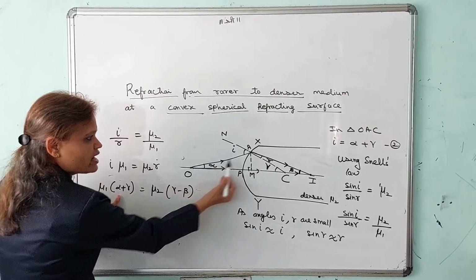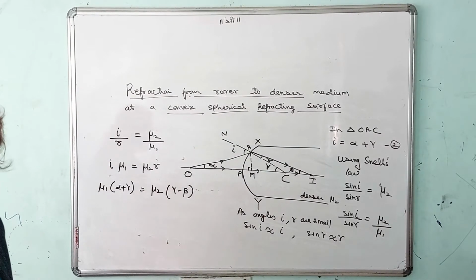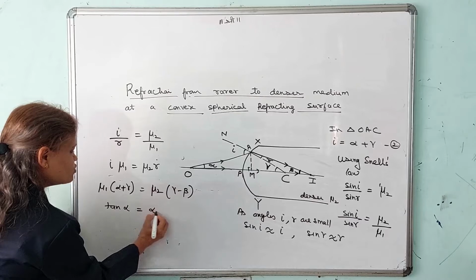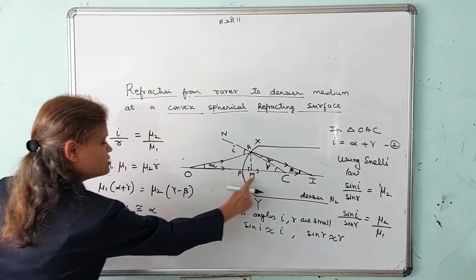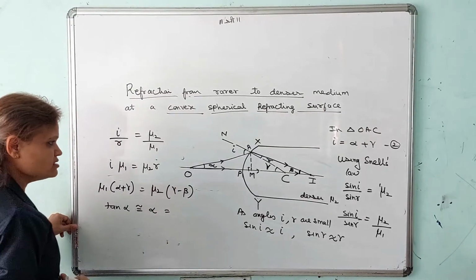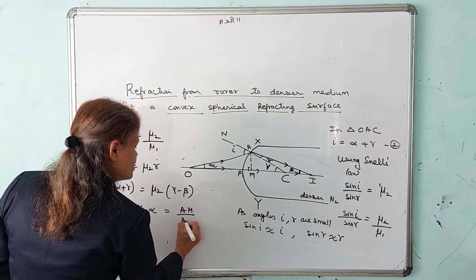So where we get these angles AOM, we'll find tan alpha, tan beta, tan gamma, which are the same as alpha, beta, gamma, and substitute here. So tan alpha, which is equal to alpha, is equal to opposite by adjacent, AM by MO.